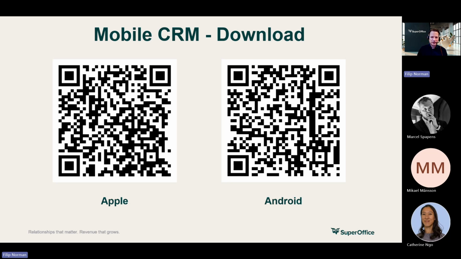It's the same way to log in as you log into SuperOffice. And now we have also added easier login, so you can connect it to your Face ID. So you do not need to remember any passwords here or enter that one. So I logged in that way this morning, checking my diary in mobile CRM.